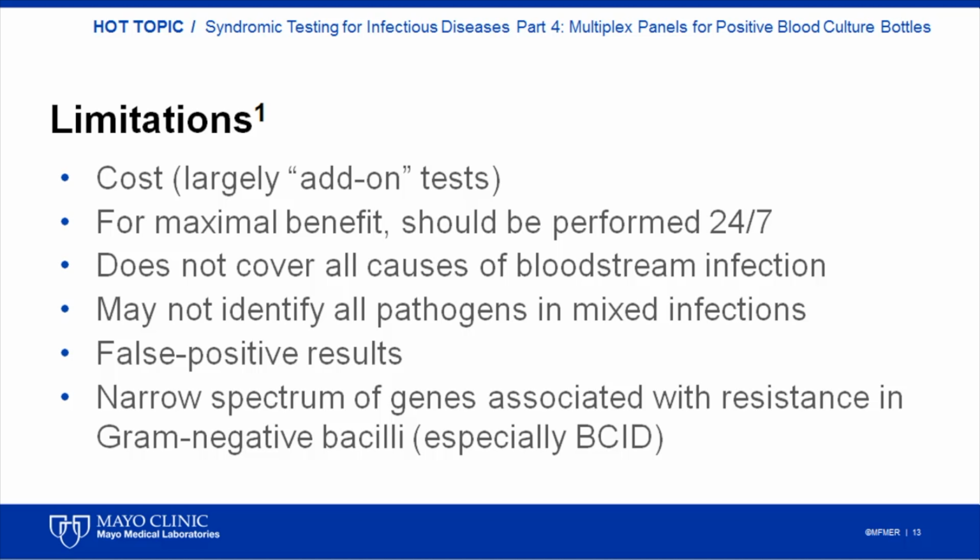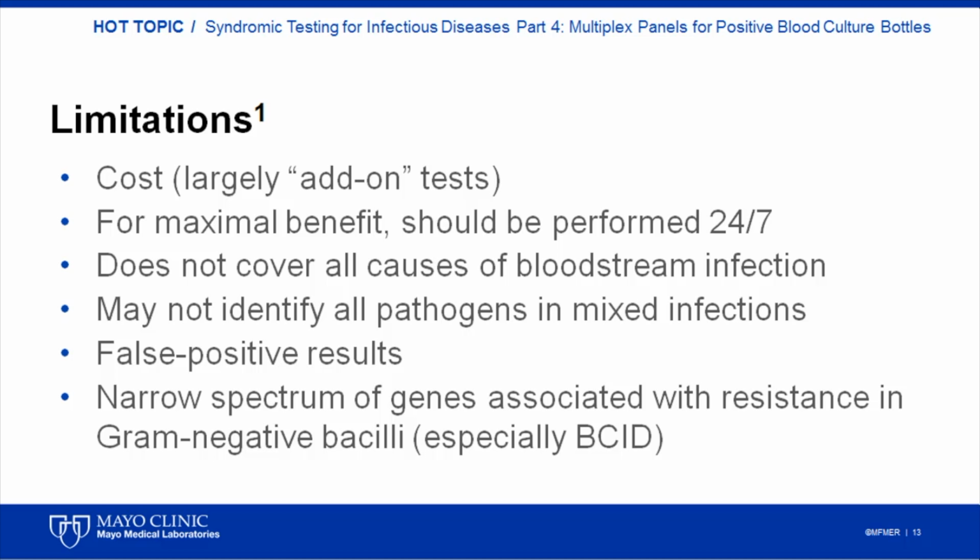Additionally, rare instances of species-level misidentification have been reported. For example, the Verigene BCGP assay misidentified 3 of 8 Streptococcus mitis as Streptococcus pneumoniae in one study. Such discrepancies may be assay-specific. While the Verigene assays offer customized ordering of different panels based on gram stain, this option is not available with the BCID panel.